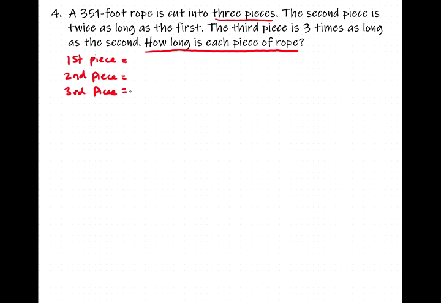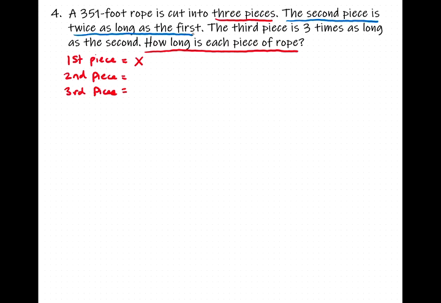So the second sentence says the second piece is twice as long as the first. And the third piece is 3 times as long as the second. So if we let the first piece be X, then the second piece is twice as long as the first.